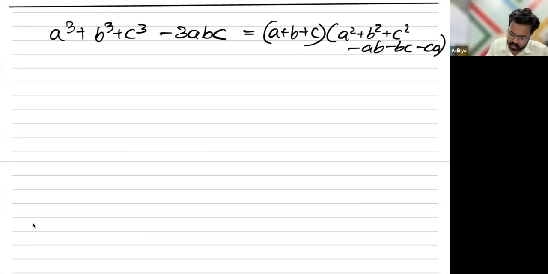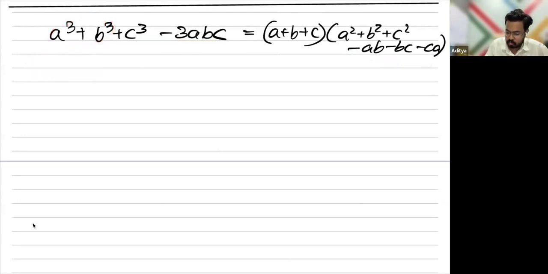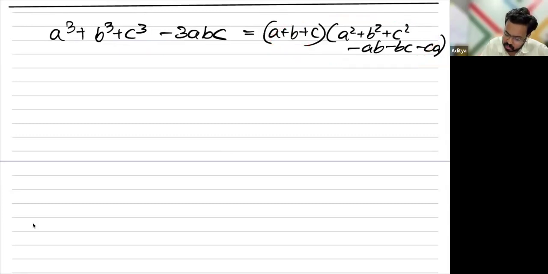This identity itself can be shown if you take a plus b common here and c common from here and then do some more manipulations. In the end, you get that this expression can be factorized into two terms. Out of these two terms, whenever a plus b plus c goes to 0 or this other term goes to 0, you can directly equate these two.